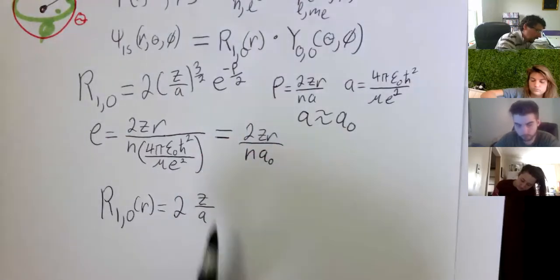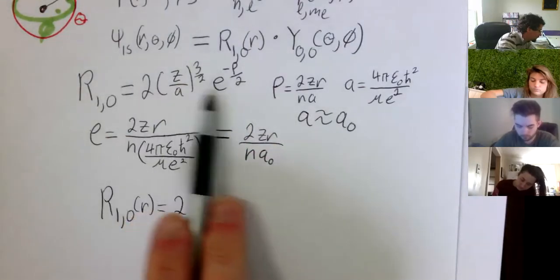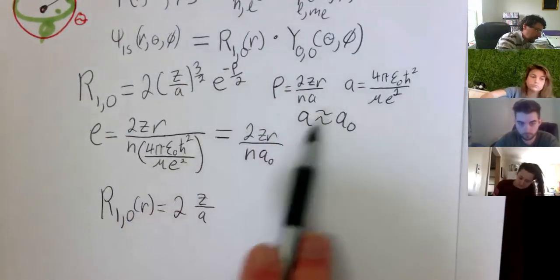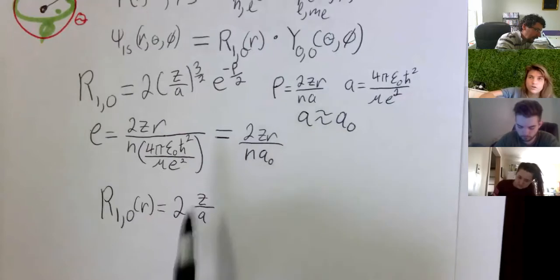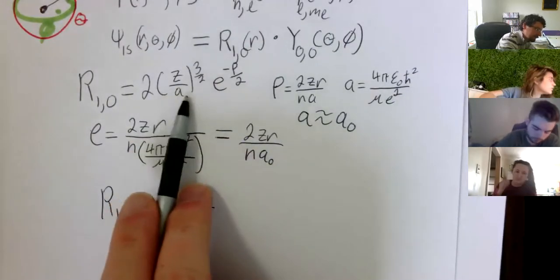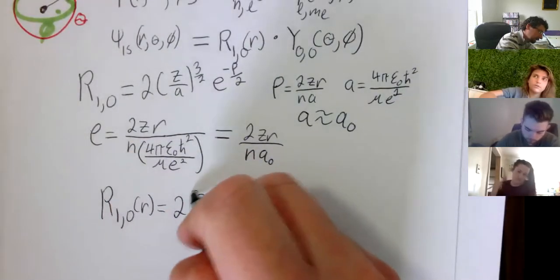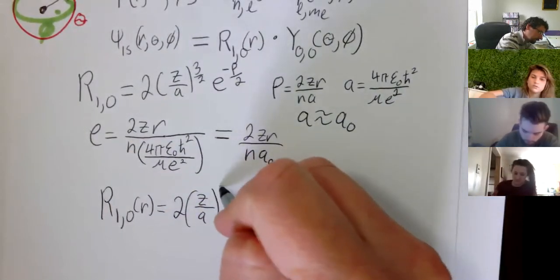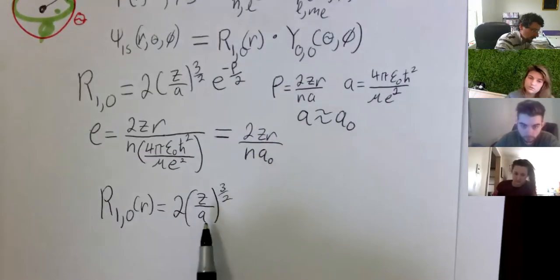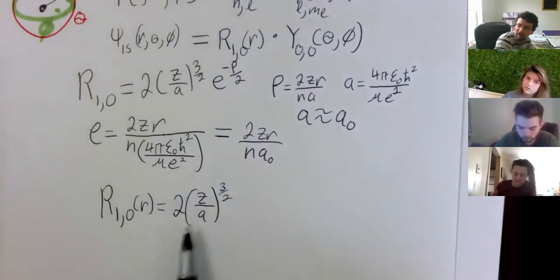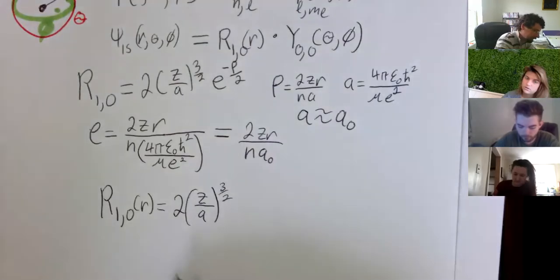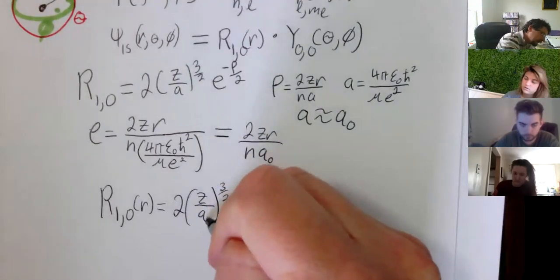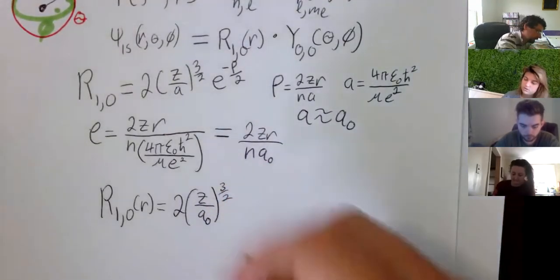2ZA. How's this going to change? We're approximating A is equal to A naught. So what has to happen to this first term here? Or what I have written, is it correct? So it'd be 2Z over a naught. Yep, it should be A naught in that case.